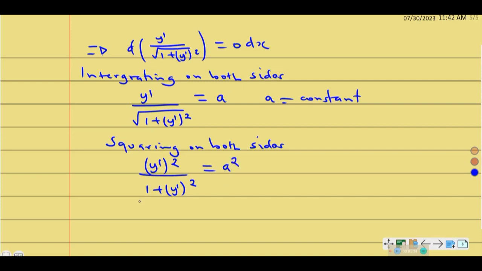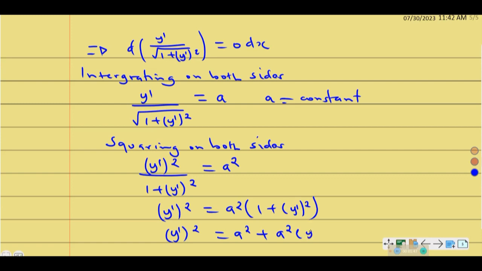So from there, we can try to rearrange. This is y' squared equaling a squared into 1 plus y' squared. So this will be the same as y' squared equaling a squared plus, opening the brackets, a squared y' squared.